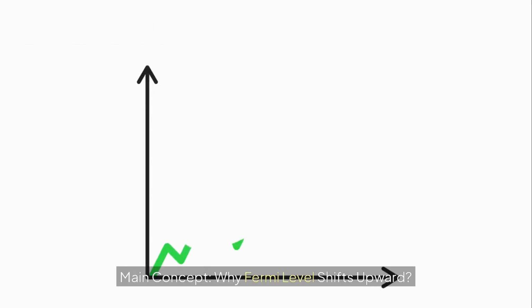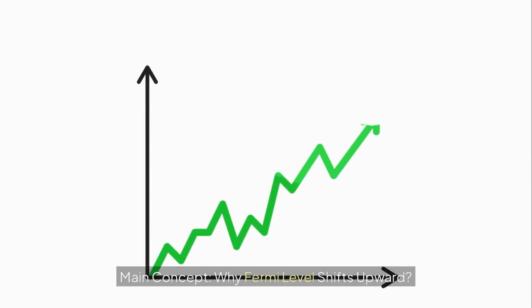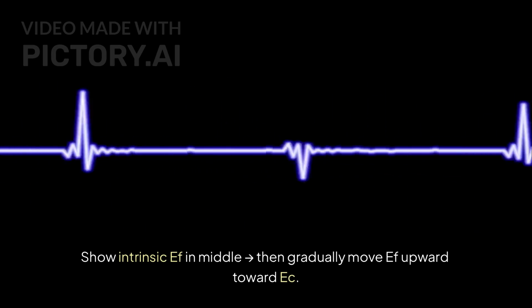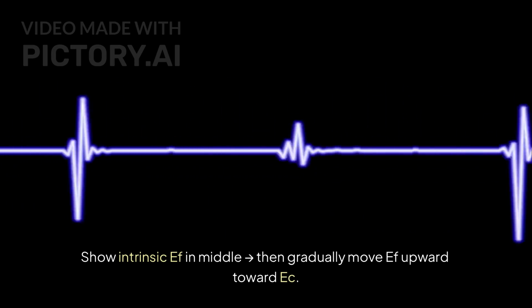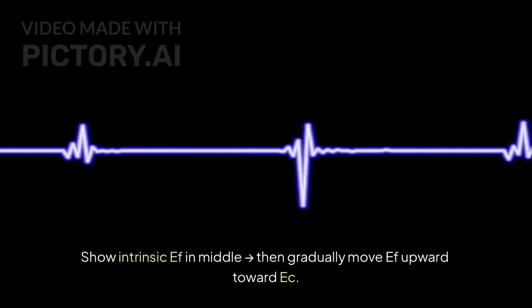Main concept: why Fermi level shifts upward. Show intrinsic EF in the middle, then gradually move EF upward toward EC.